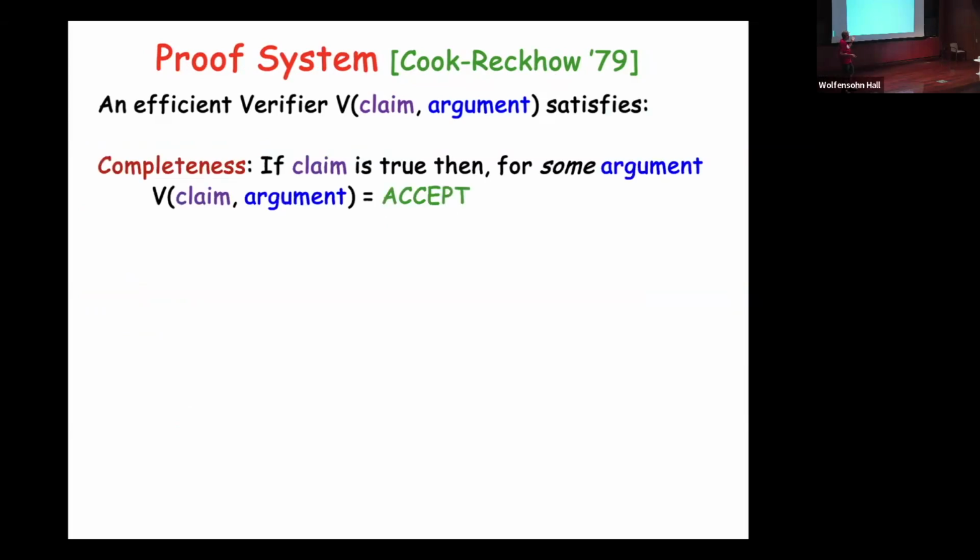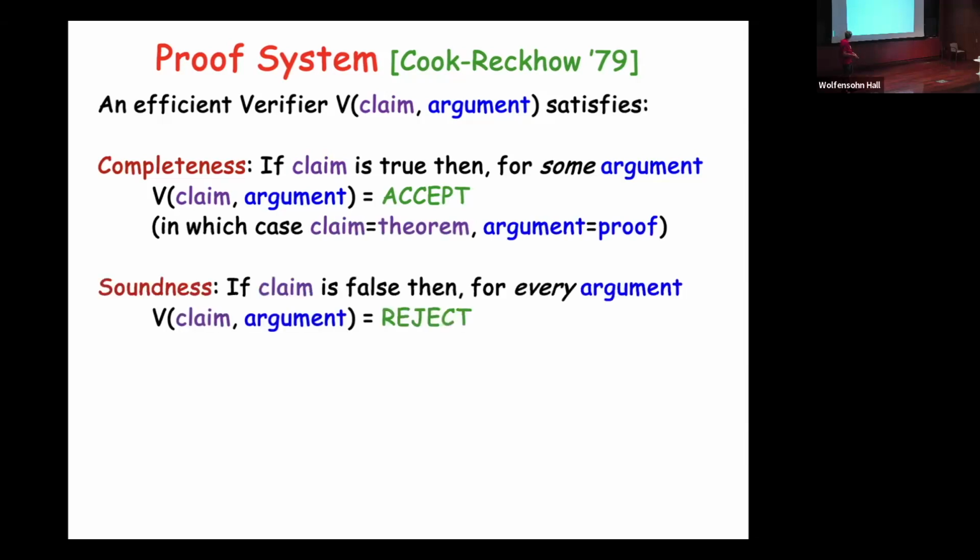Completeness: if the claim is true, then for some argument, the verifier accepts. Of course, this is the happy case where we call the claim a theorem and we call the argument a proof. Soundness: if the claim is false, no arguments at all should convince the verifier, it should reject.